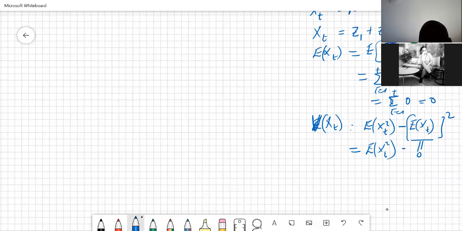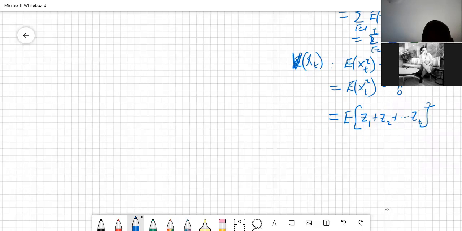This is the same as the expected value of (Z1 plus Z2 plus up to ZT) squared.